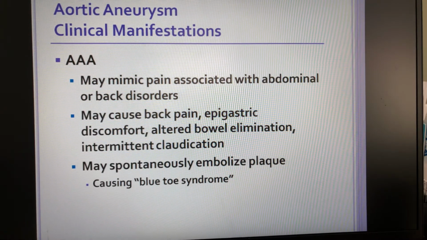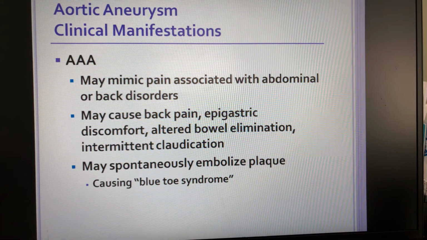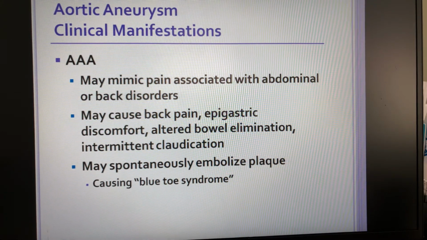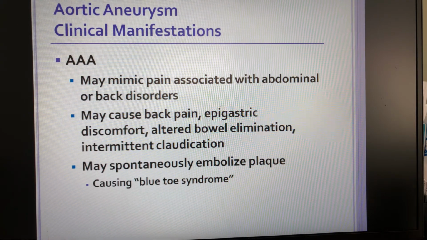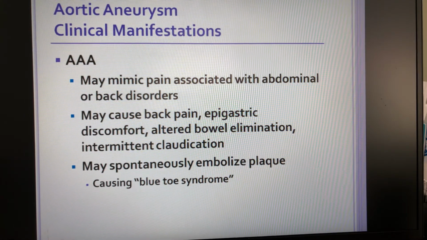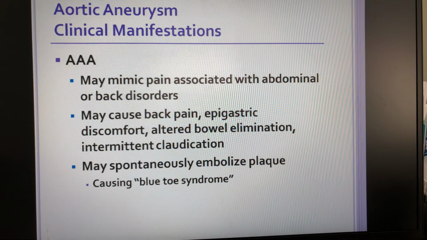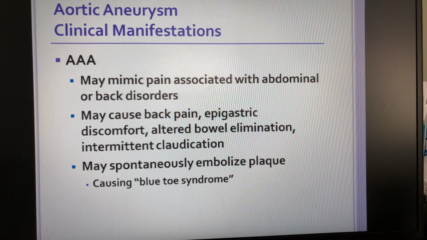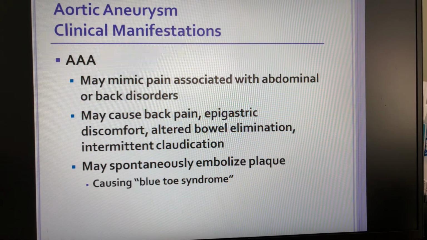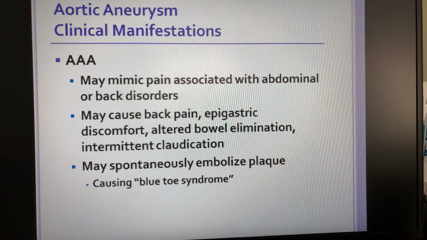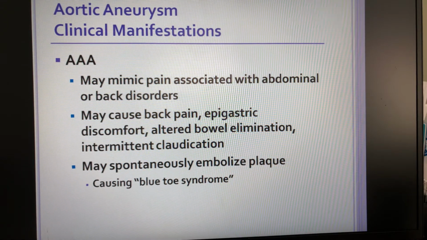Now, with the AAA, compression of any nearby anatomic structures and nerves may cause symptoms such as back pain, epigastric discomfort, altered bowel elimination, and intermittent claudication. Occasionally, aneurysms spontaneously embolize plaque, causing what they call blue toe syndrome, and that appears as a patchy mottling of the feet and toes in the presence of a palpable pedal pulse.